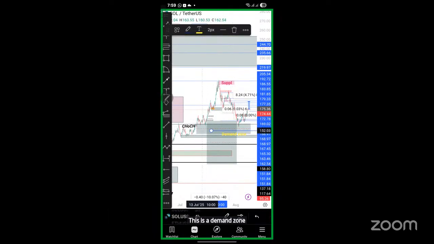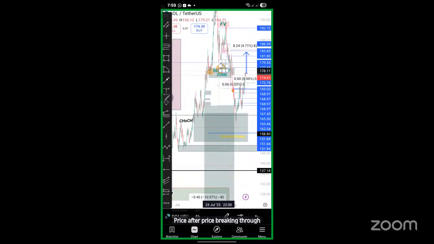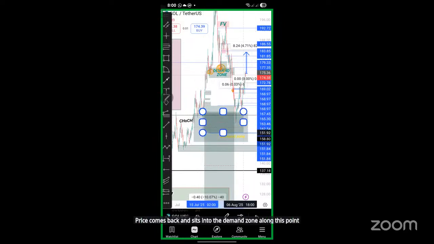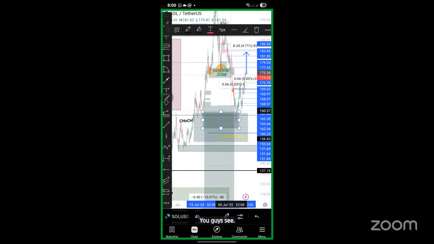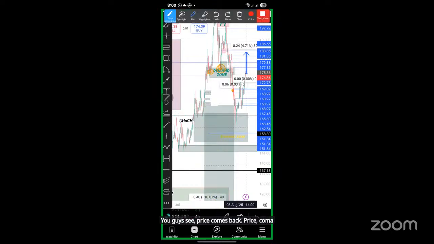In this 4 hour area, you can see that after price broke through this demand zone, which was minor here, price comes back and sits into the demand zone around this point here. So when price comes back and sits into the demand zone, I will wait for price to bounce back from this area.